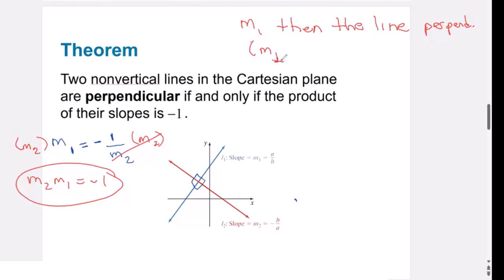Notice this looks like something that's perpendicular, right? Let me write it again. I have a line that's like this and a line that's like this, and they meet at 90-degree angles. So that's another way to say the slope of the perpendicular line, and that is going to be equal to the negative reciprocal.